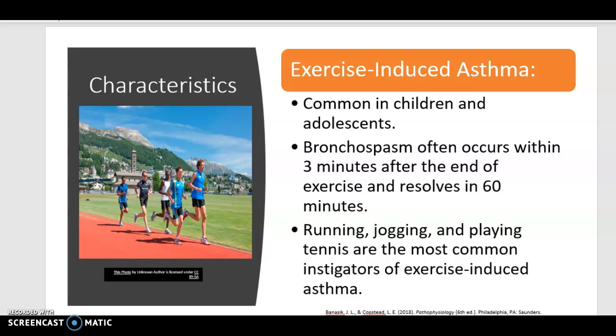A little bit of a story about me from a couple of years ago. I have been diagnosed in the past with allergy-induced asthma, but did not know that I could get exercise-induced asthma. I was doing one of my long runs, about 4 miles into my run, and I had an asthma attack. I had chest pain.